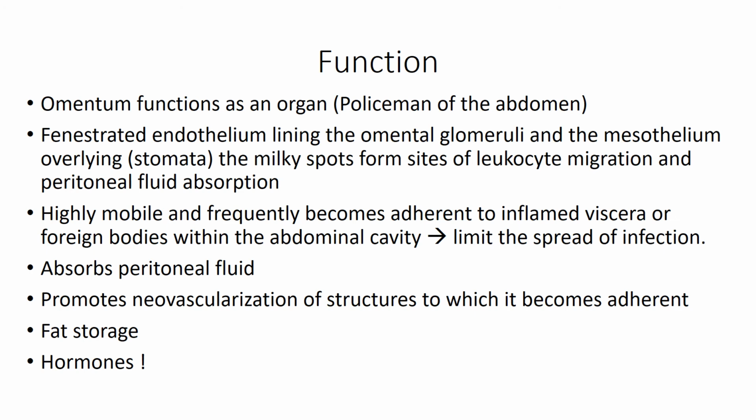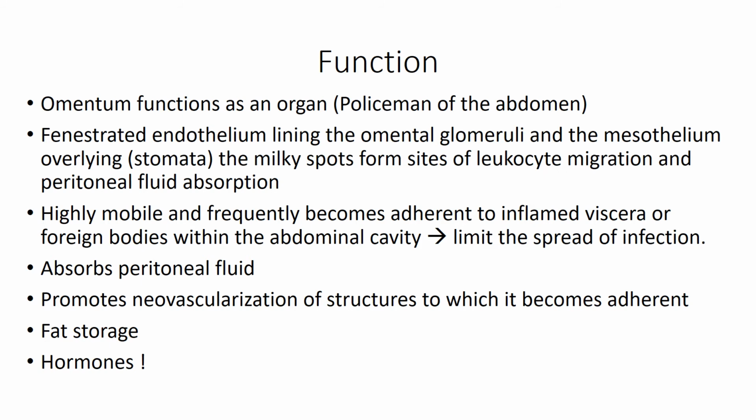Now the peritoneum in general and the omentum in particular function as an organ, where a group of tissues act for a specific function, and that function is to maintain the homeostasis and the environment of the abdominal cavity, and hence it is often known as the policeman of the abdomen.